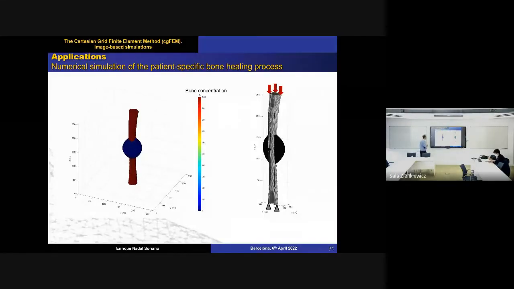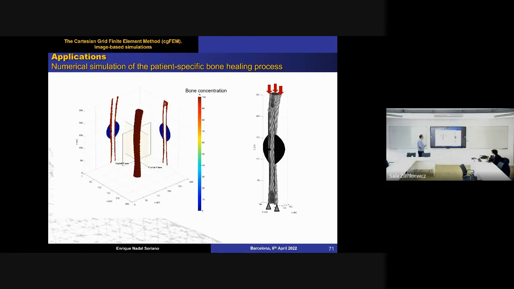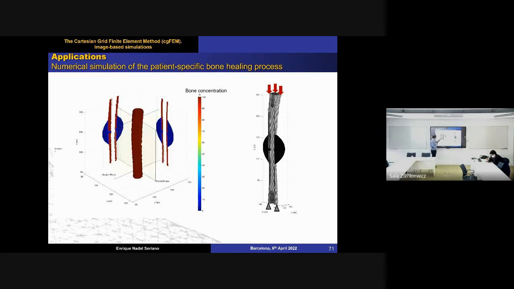Here, in this video, we make 2 projections, one for the sagittal plane and the other for the frontal plane, and we will observe how the callus bridge is generated in time. We make a zoom, and here I will only represent the density of the callus that is not zero in order to see how it grows. The color represents the density or the bone concentration.